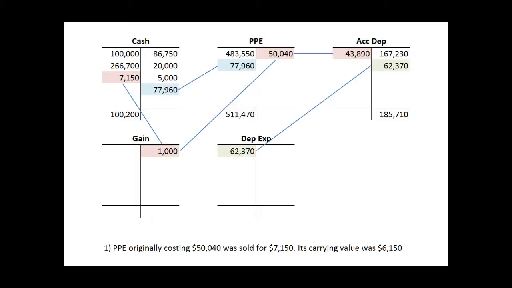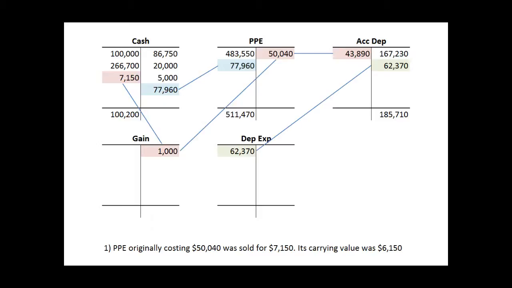In this case, we're told it was sold for $7,150. We're told its carrying value was $6,150. We know that that is a profit of $1,000. We know we have a gain of $1,000.